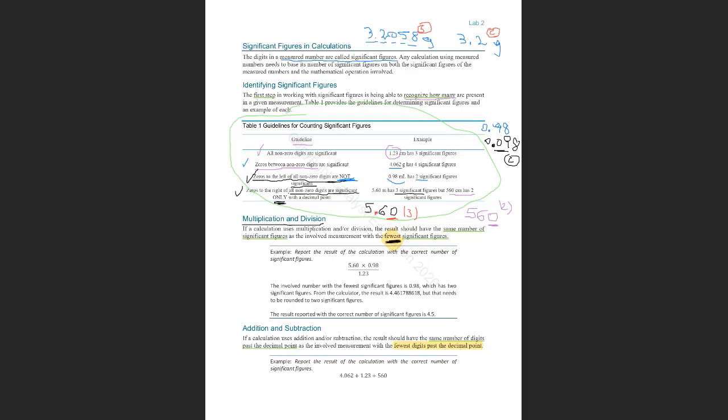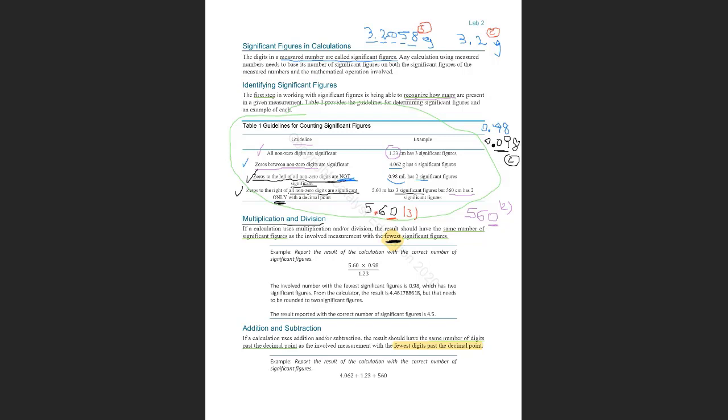Which means that if I'm doing multiplication or division, I have to look at the number of sig figs and then pick which is the number that has the fewest sig figs. And then my answer will have that exact same number of sig figs. That is only for multiplication and division. And they're giving us an example here. They're doing a calculation.